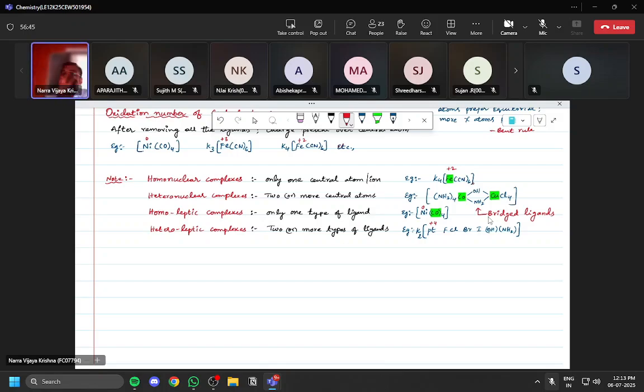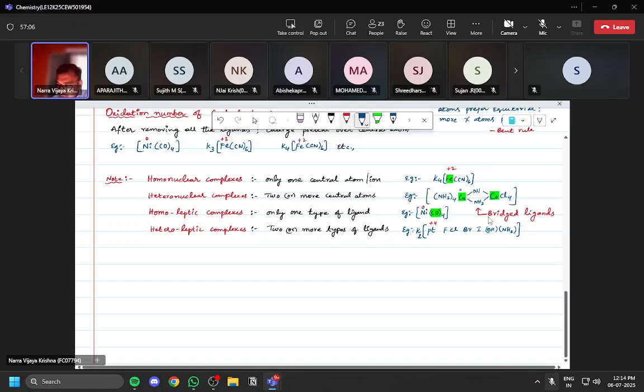Copper +4 doesn't exist. Here I have made one small mistake. I have to take cobalt here, copper here. Now it is perfect.